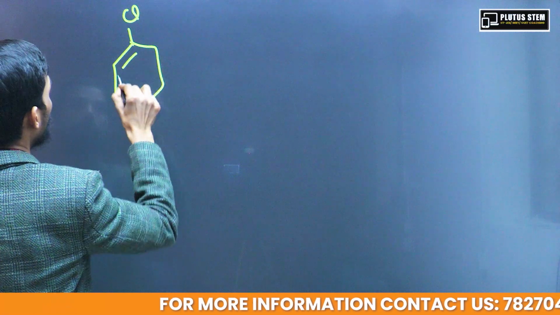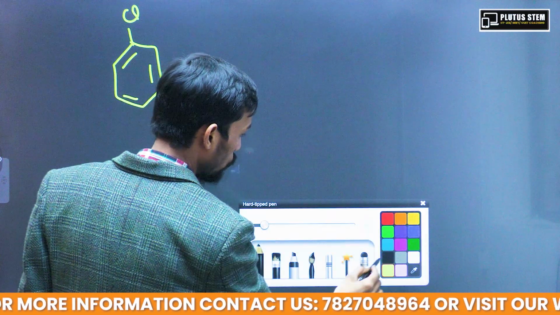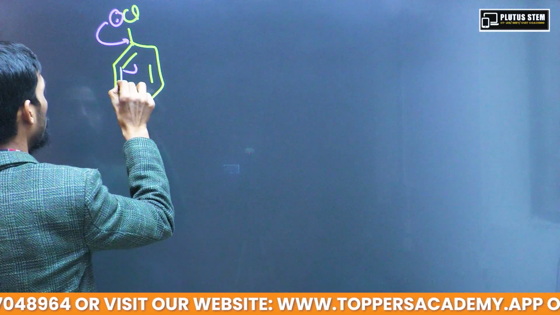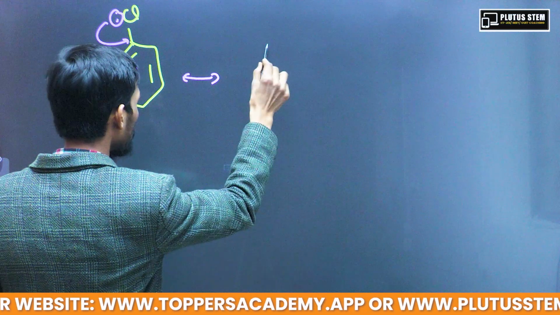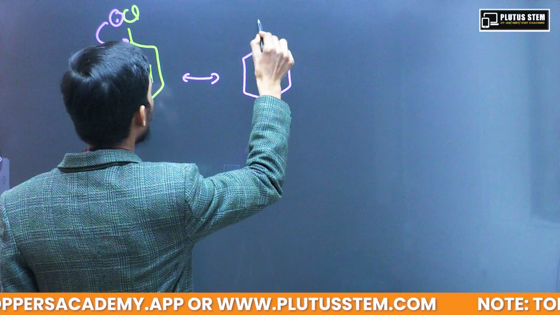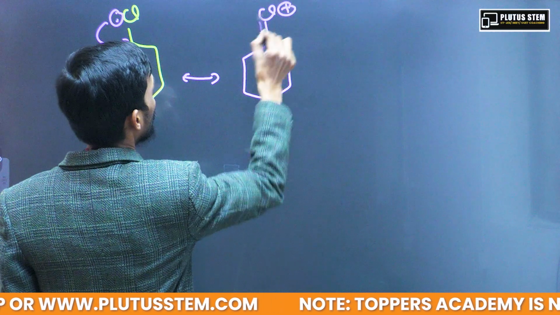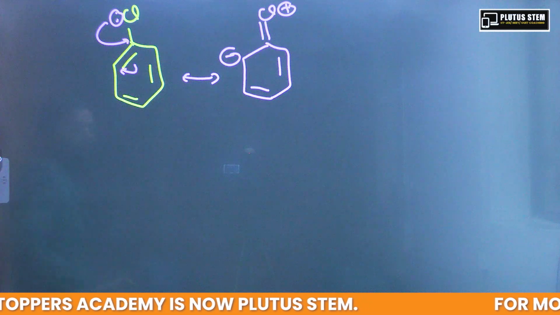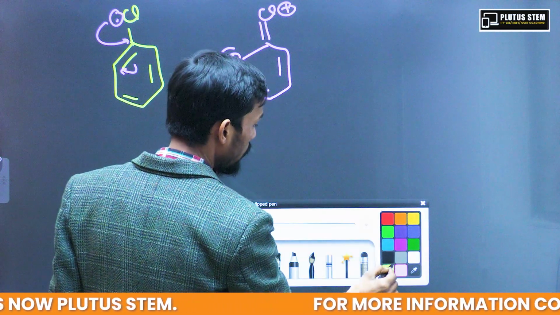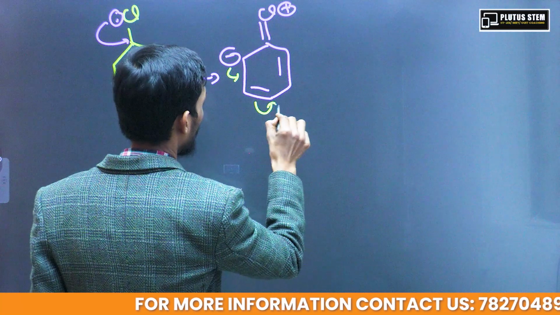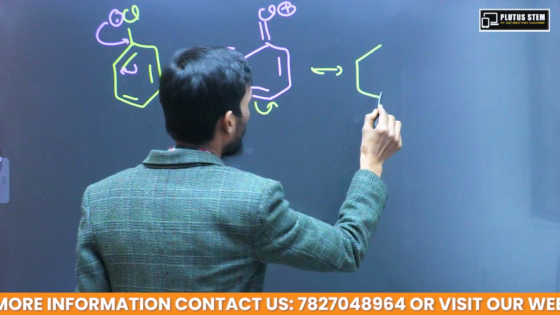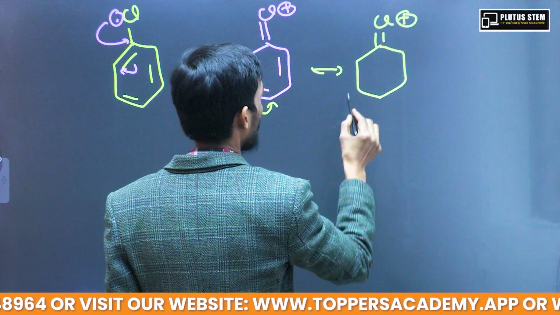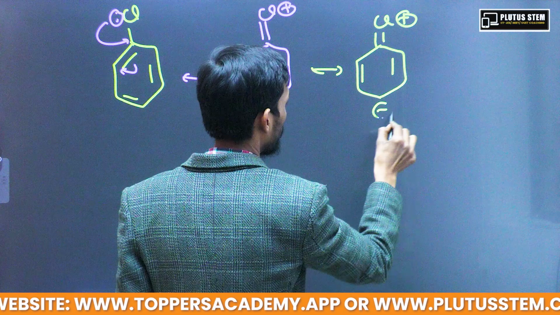This is our Cl, and this Cl has an electron pair. It can come over here, and a resonance is seen. A negative charge is generated at this side, and now this negative charge can resonate around the ring at the ortho and para positions, because the halogens are ortho-para directing.